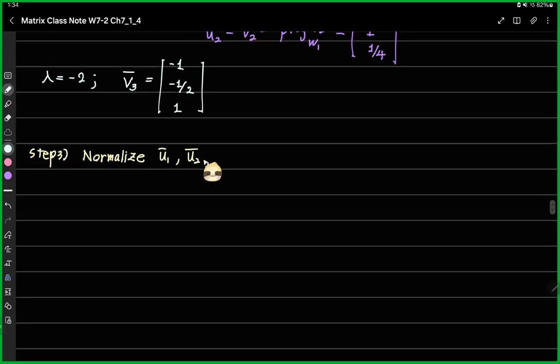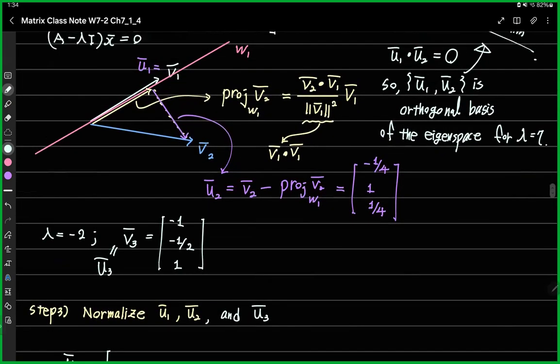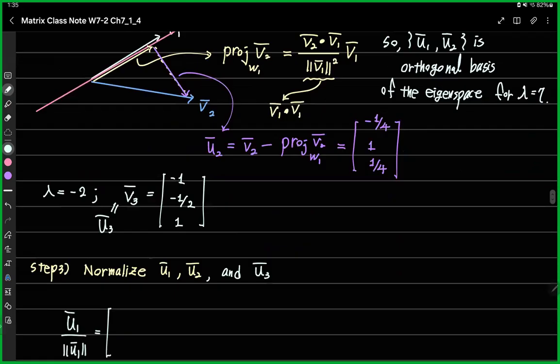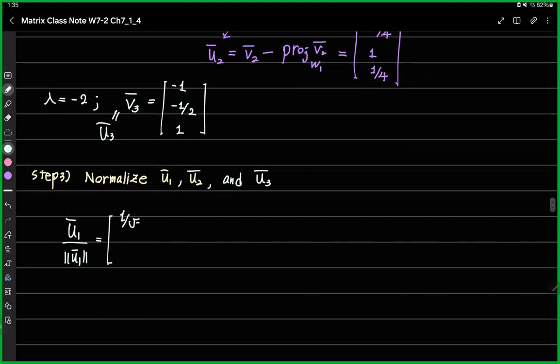Normalize U1, U2, and U3. Let me call this U3 to unify the notation. U1 over the norm of U1: the norm of U1 is square root 2, so this is 1 over square root 2, 0, and 1 over square root 2.